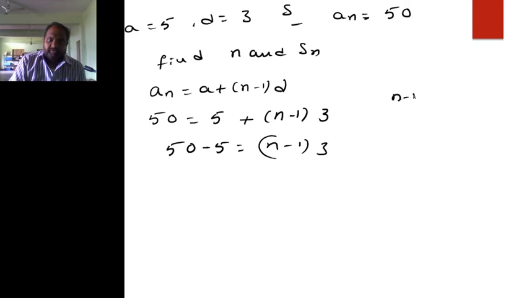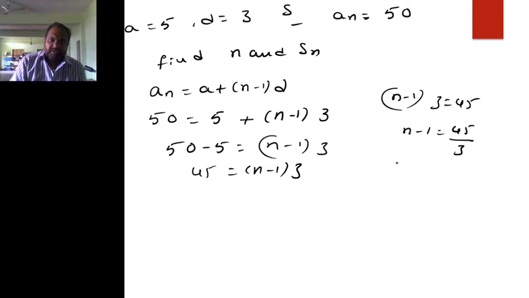So n minus 1 into 3 is equal to 45. n minus 1 is equal to 45 by 3. n minus 1 is equal to 15. n is equal to 15 plus 1, that is equal to 16.